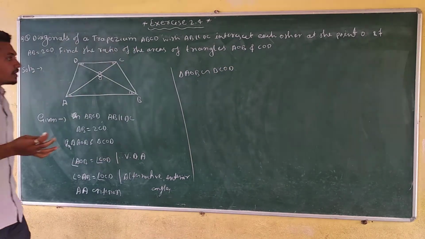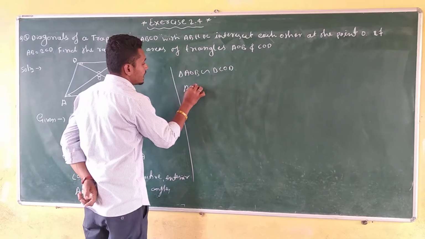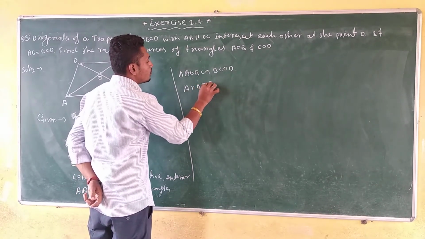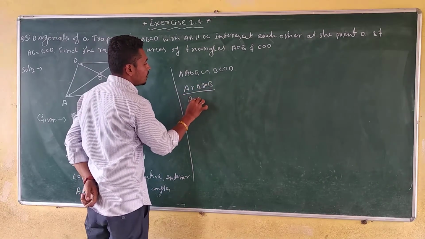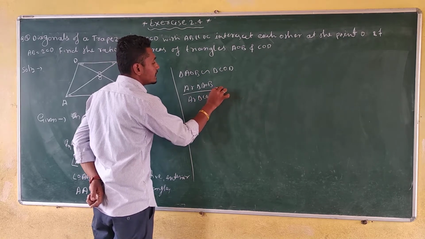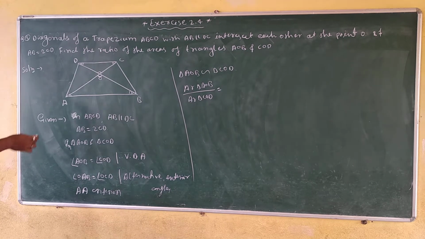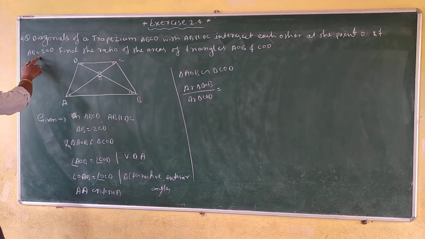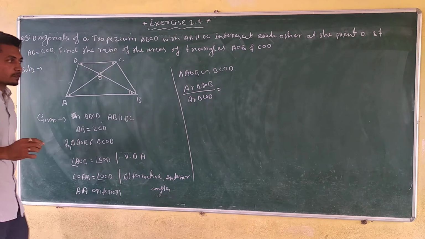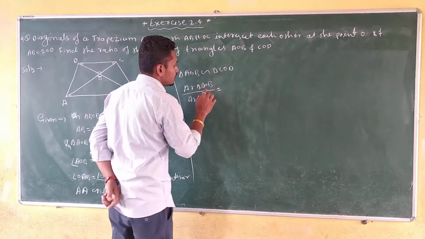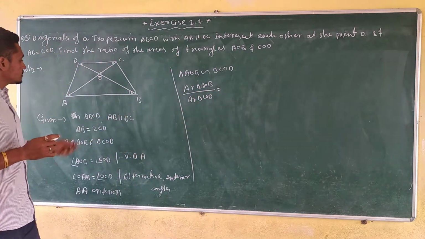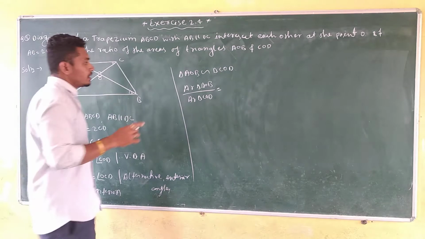So now we can write the area of triangle AOB divided by the area of triangle COD is equal to AB squared divided by CD squared. What is the base of triangle AOB? AB is the base.